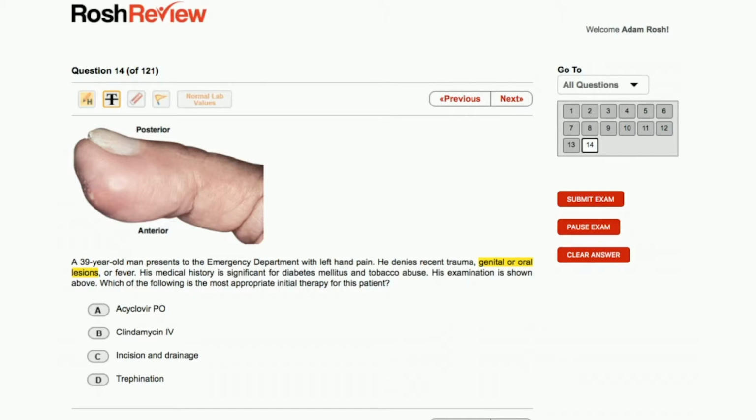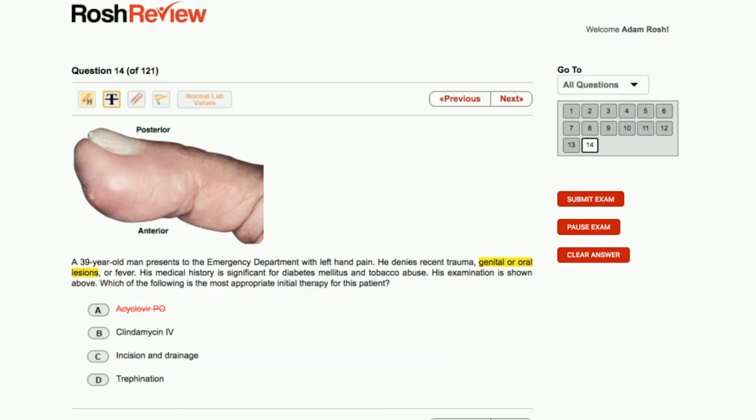And also with herpes simplex virus, you're going to see vesicular lesions classically. They may ulcerate, and you could see on the tip of the finger here there may be some ulcer forming, but classic whitlow is going to show vesicles or clear ulceration. So in this case, we do not see that. So I'm going to cross off Acyclovir.